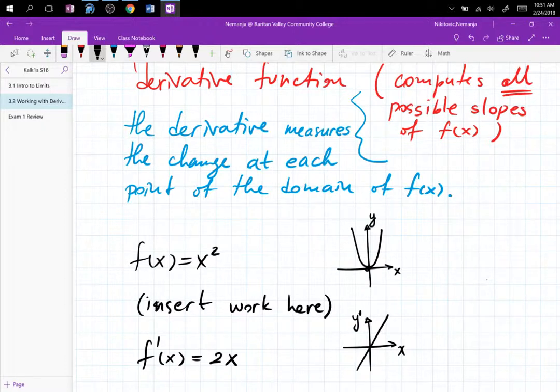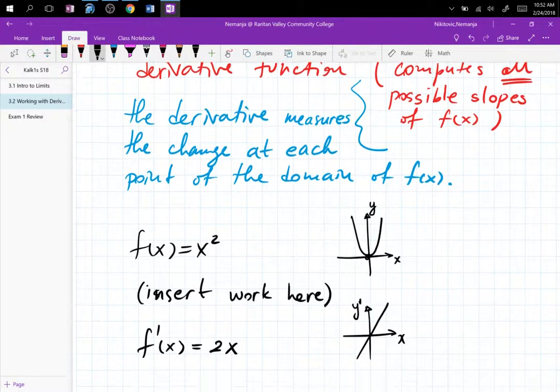So what I want to do now is establish a connection between the graphs of the function and the graphs of the derivatives, and see some situations where looking at the derivative graph you gain information faster than looking at the actual function graph.